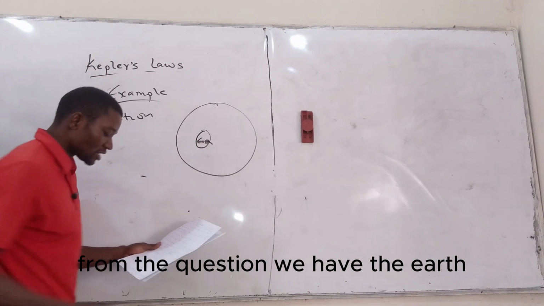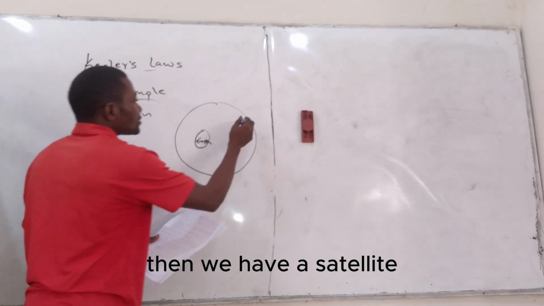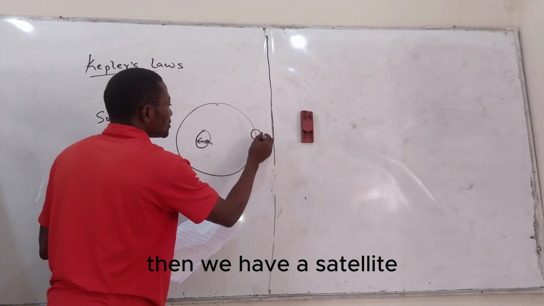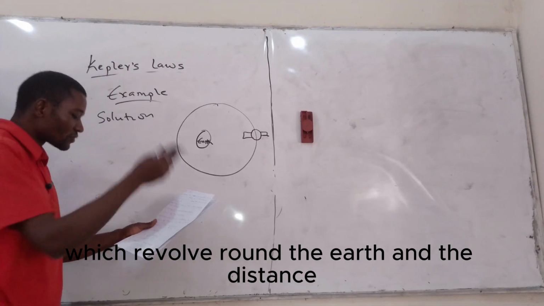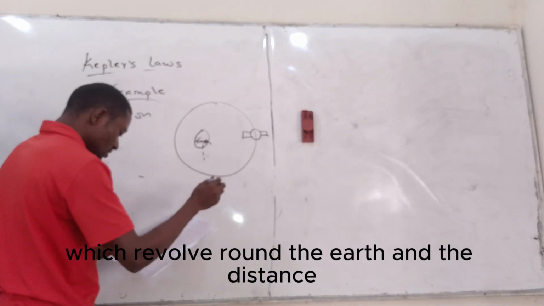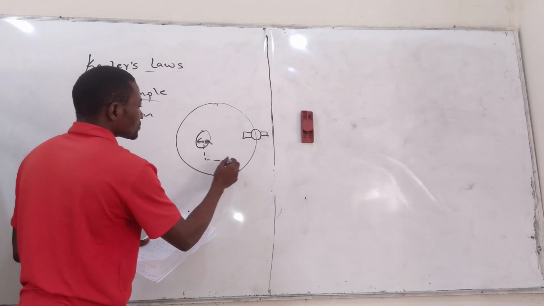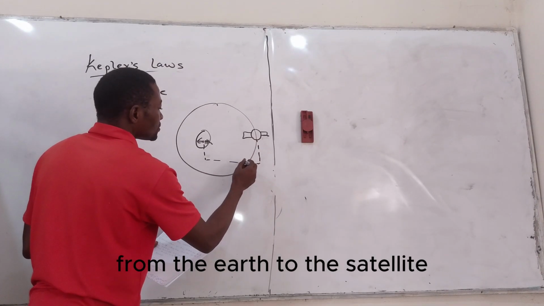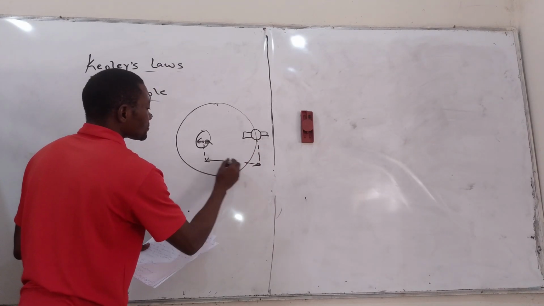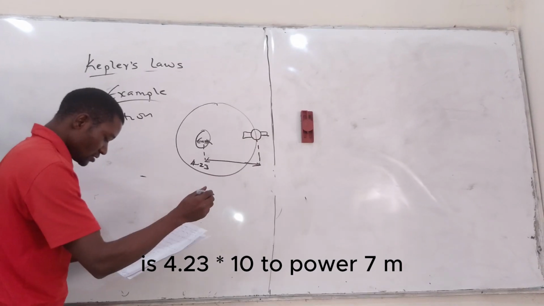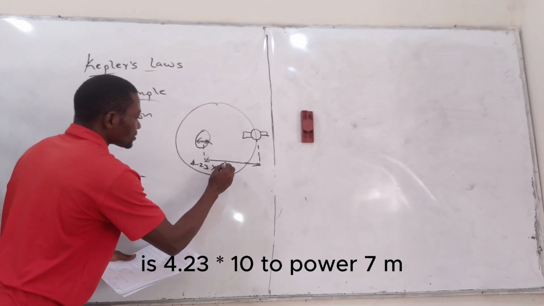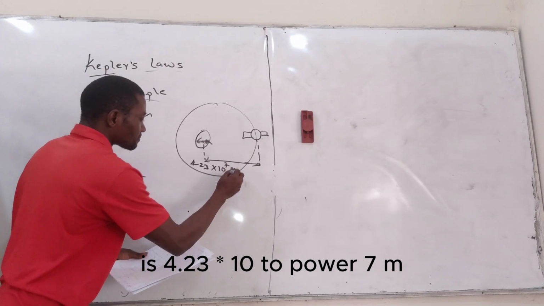From the question, we have the Earth, then we have a satellite which revolves around the Earth, and the distance from the Earth to the satellite is 4.23 times 10 to power 7 meters.